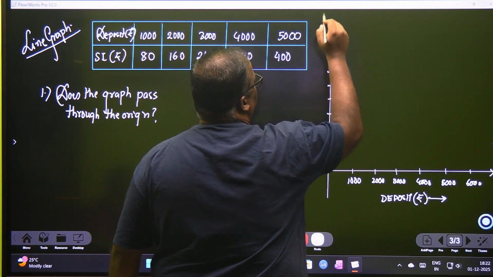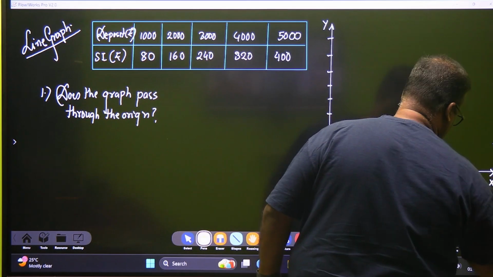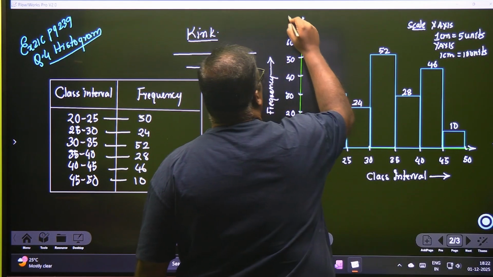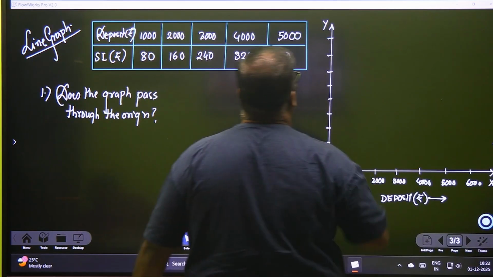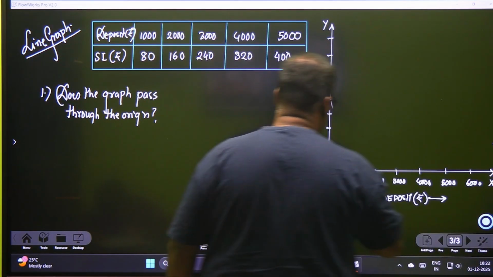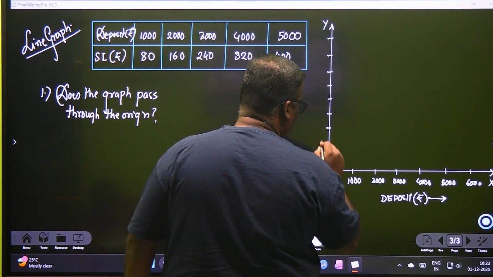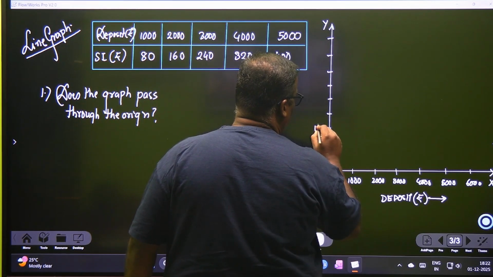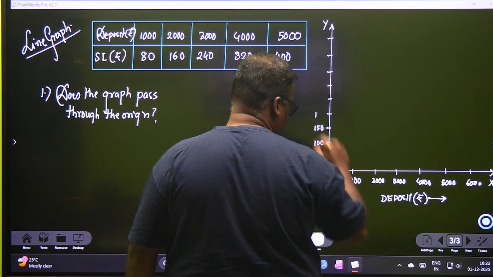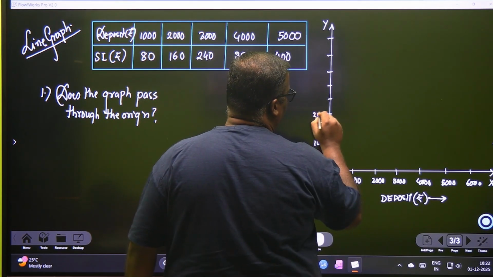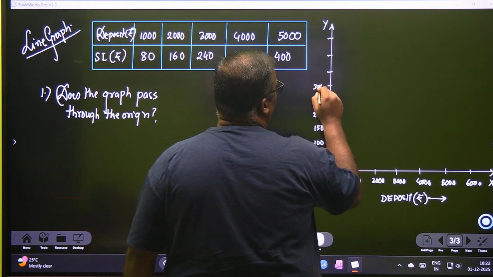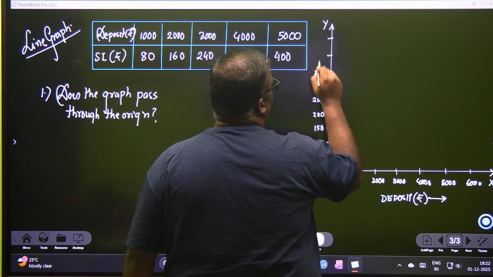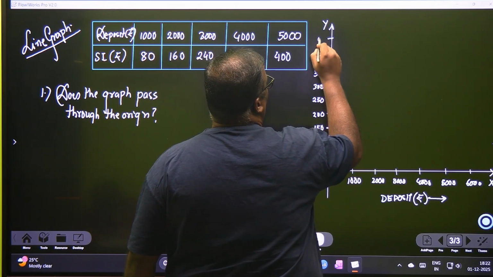Perfect. This is y. And another thing you missed on your graph: you should mention this as the y-axis and this is the x-axis. So this is y, this is x. So let's do it. 50, 100, 150, 200, then 250, 300, 350, 400, 450.